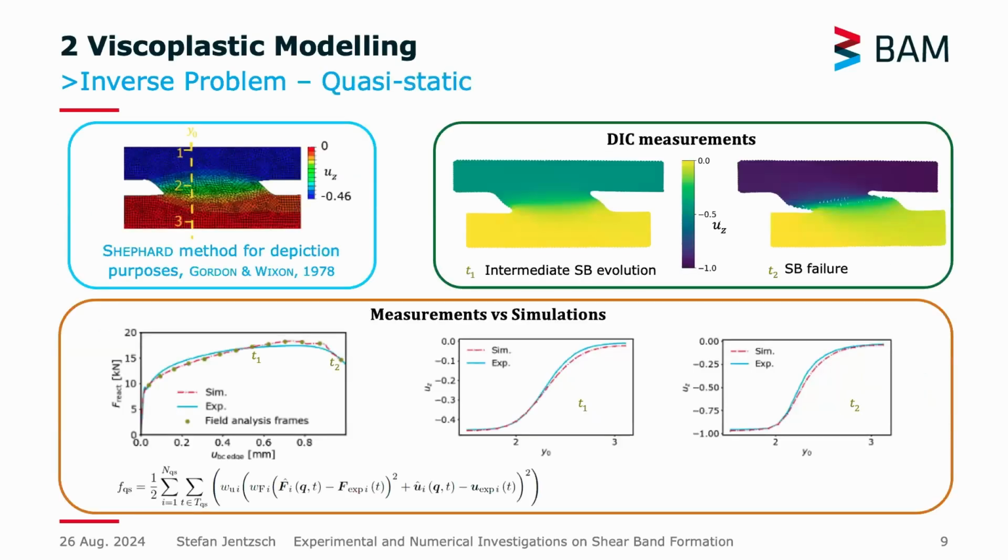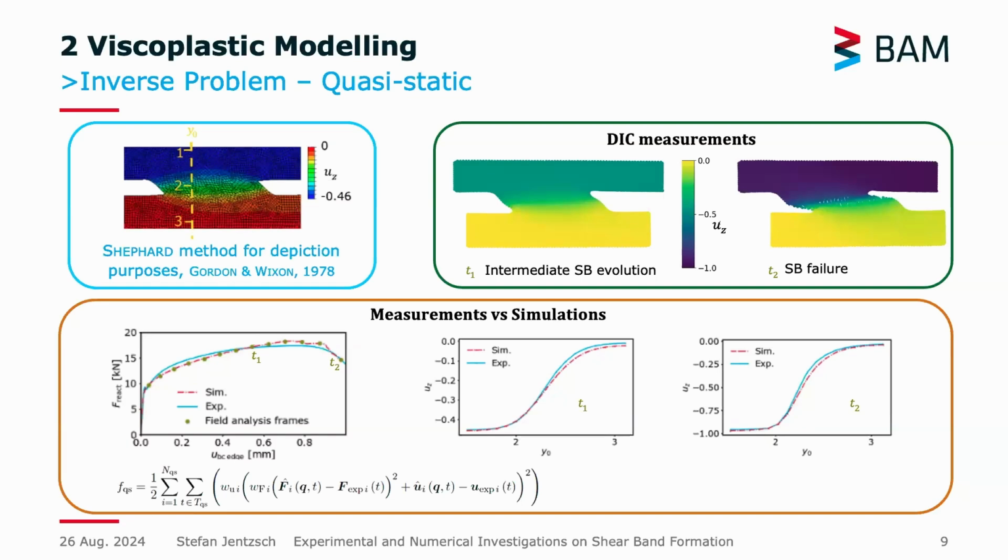Now I want to get a bit deeper into the digital image correlation identifications. We have a highly localized resolution of measurements for this quasi-static test. Then we interpolate the FE results by the shape functions to these points, and then we correlate them.